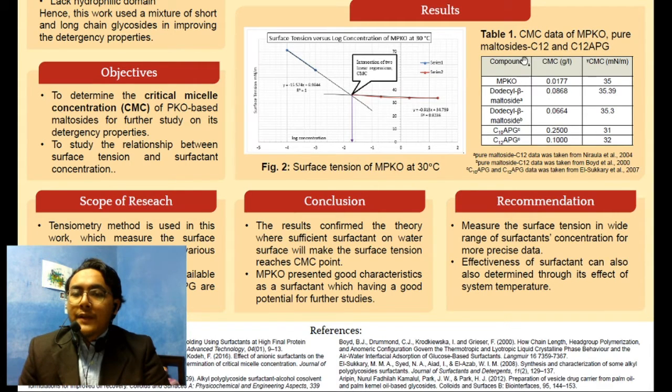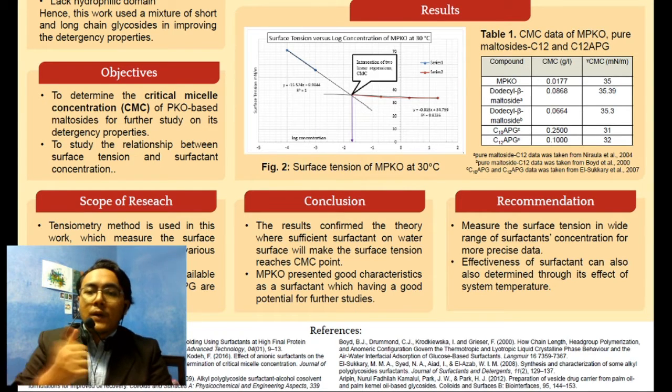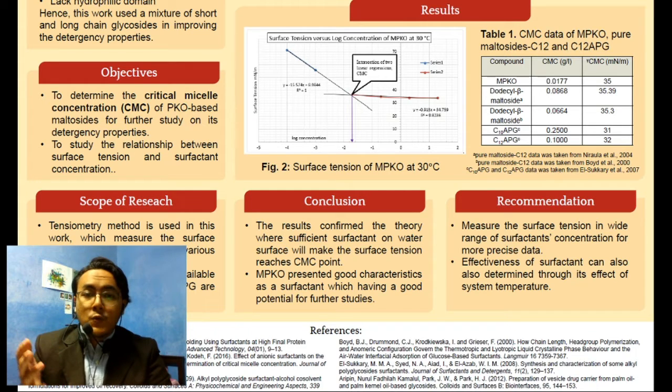Why do we compare it with the C12 carbon alkyl chain? This is because MPKO comprises various alkyl chains, including C12, C16, C18, C18-1, and C18-2. But the highest percentage of carbon alkyl chain is C12 with 48% based on past researchers.